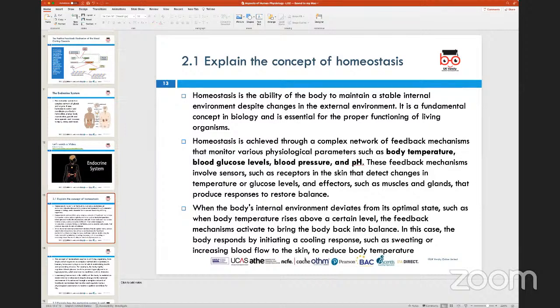That means it allows the body to function normally, keeping the body temperature, blood glucose levels, water level, iron concentration, and pH levels within a specific narrow optimal range, which allows the organs to function naturally, and thereby the organ systems and the human body function normally.